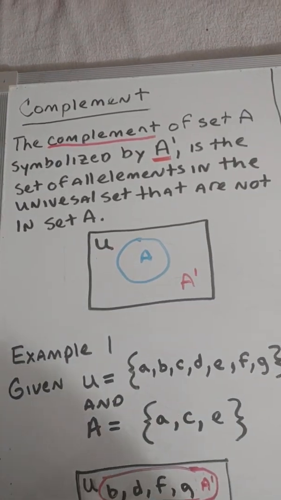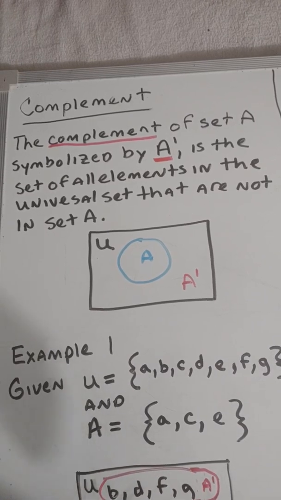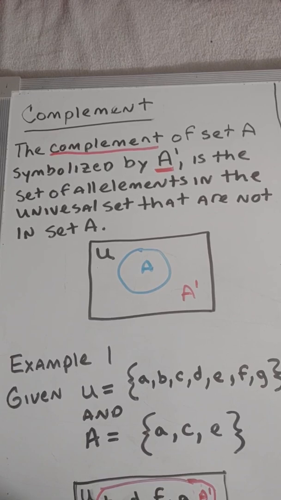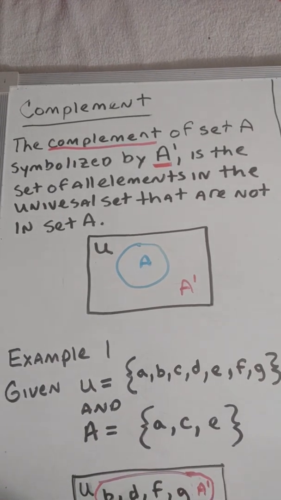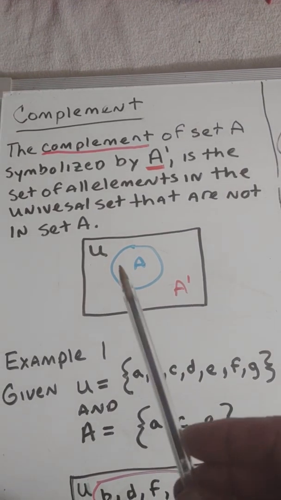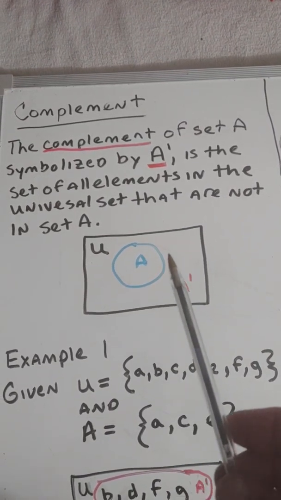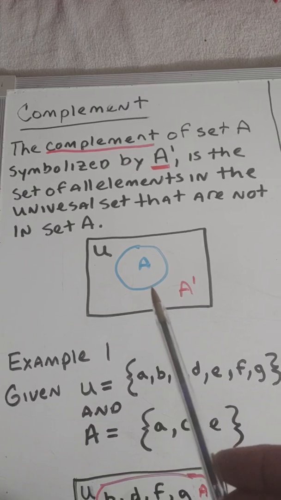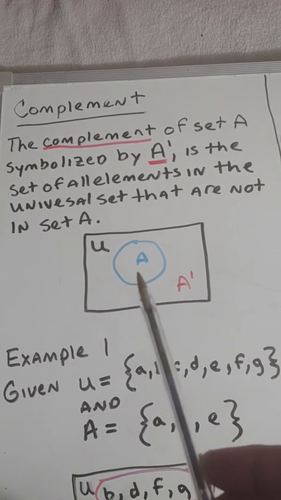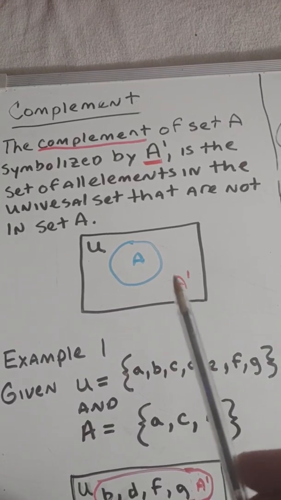Universal set, remember from section 1, is the set of elements that are all in this particular universal set. So set A would be symbolized by this blue circle. Any element that's not in set A would be the complement.